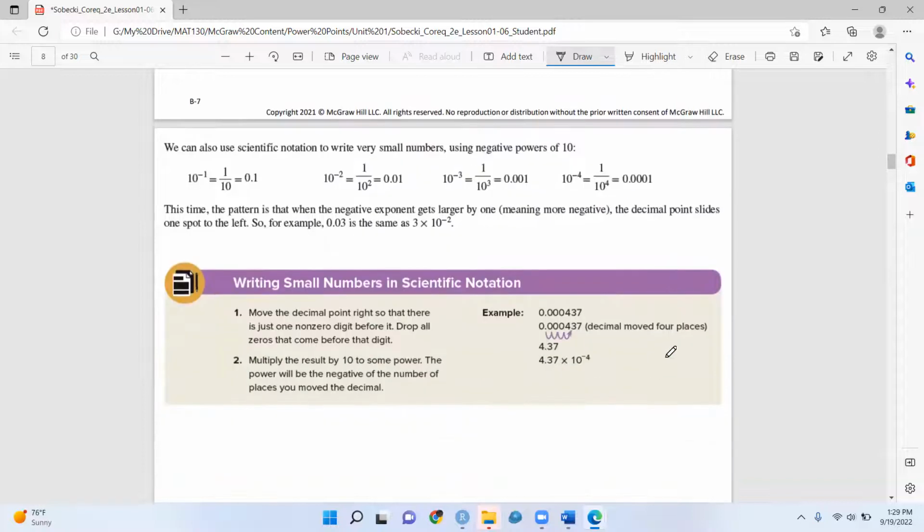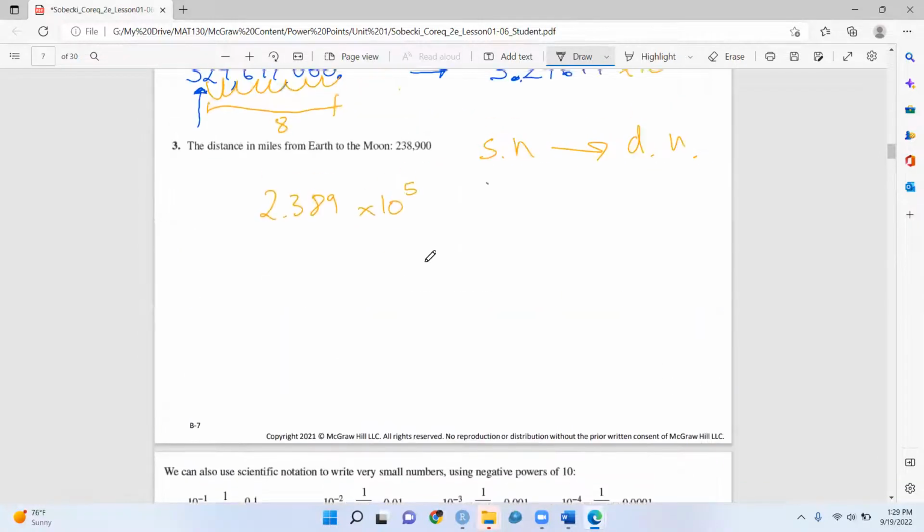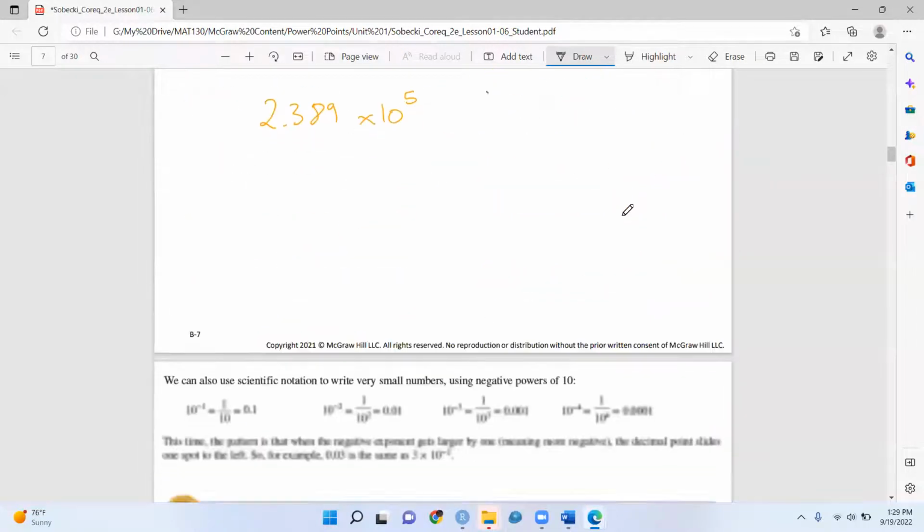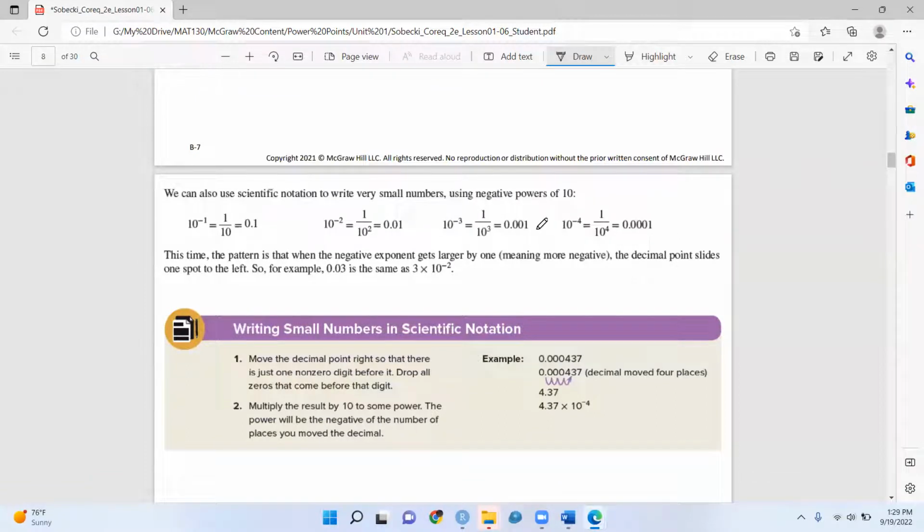Okay. Now that's also large numbers written in scientific notation. So numbers much larger than 1. What happens when we go in the other direction? What if we're wanting to write tiny numbers? Well, that's where we get negative exponents. A negative exponent means divide by this number.